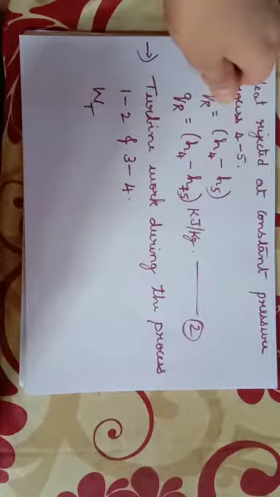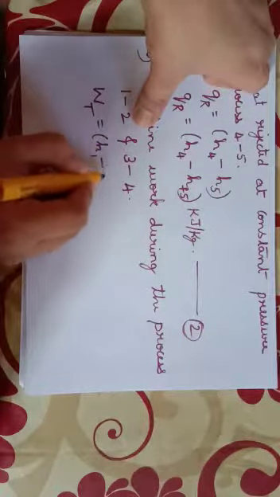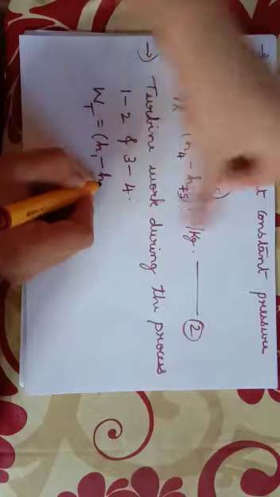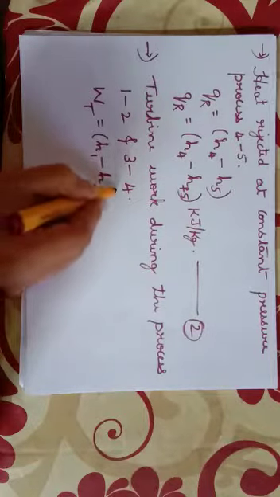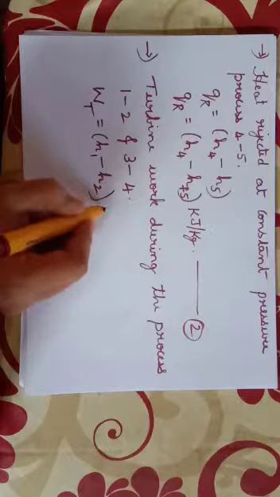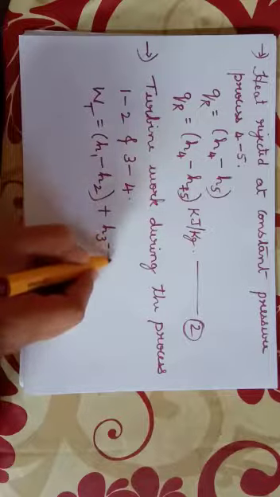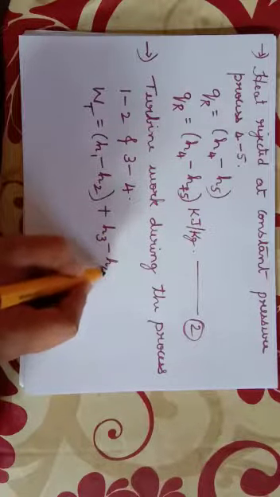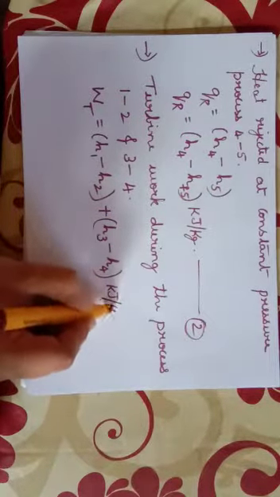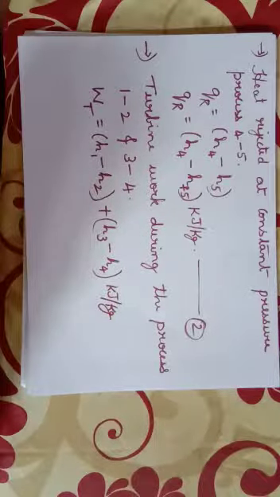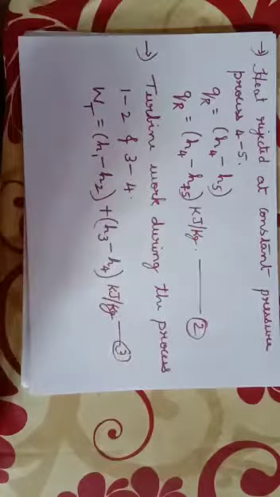We can denote it as WT, that is equal to H1 minus H2 plus H3 minus H4 kilojoule per kg. This is equation 3.